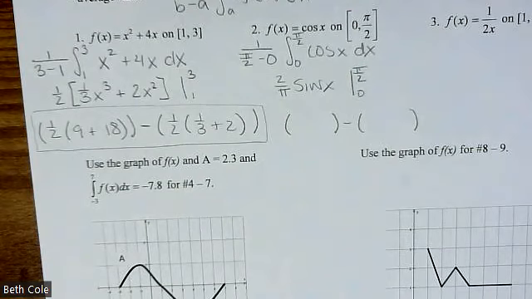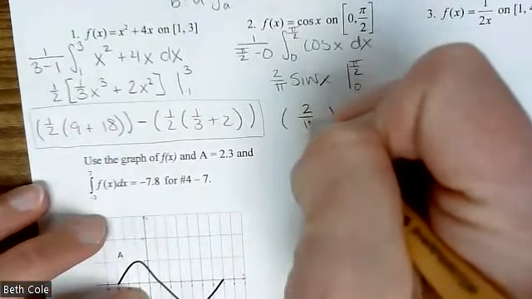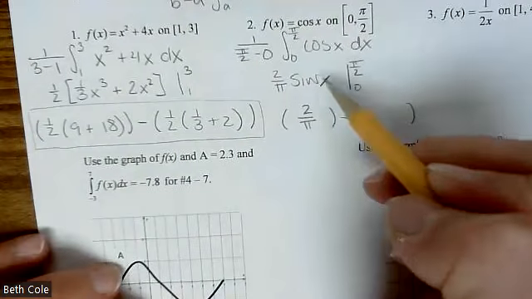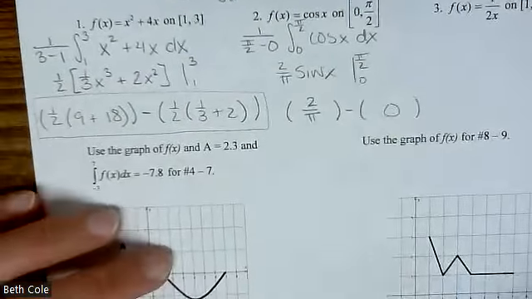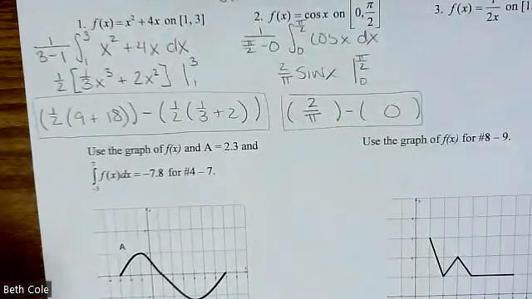Sine is the y value, so that would be 1 times 2 over pi, minus, what's sine of 0? You plug in 0. Yeah, sine of 0 is 0. So your answer would actually just be 2 over pi.